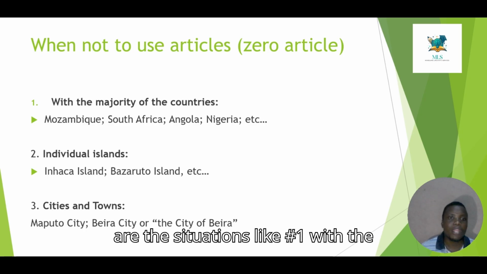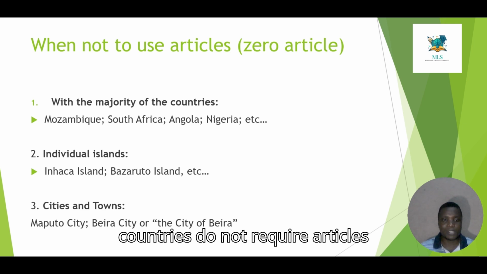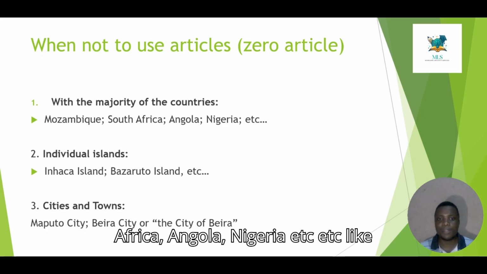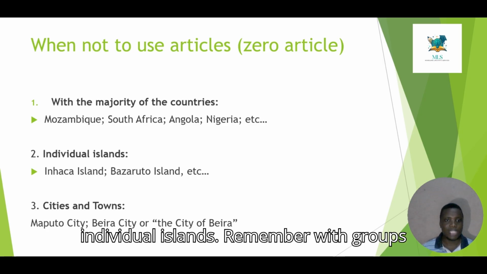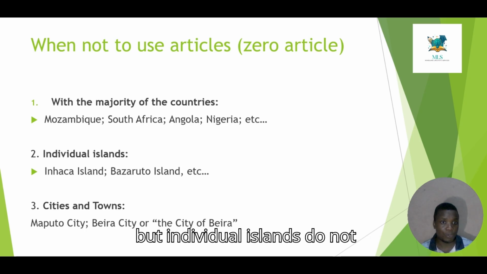Like number one, with the majority of countries that do not require articles, like Mozambique, South Africa, Angola, Nigeria, etc., etc. Like individual islands. Remember, with groups of islands like archipelagos, you use the, but individual islands, do not use it.